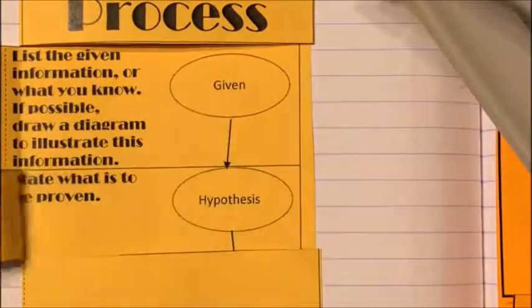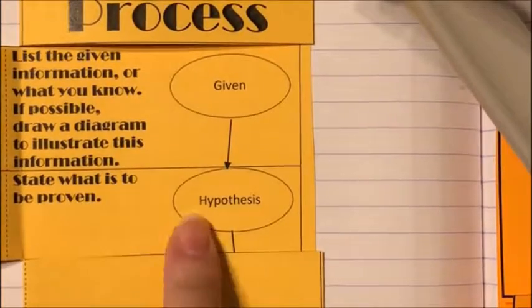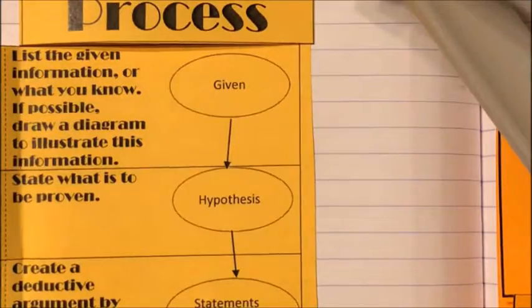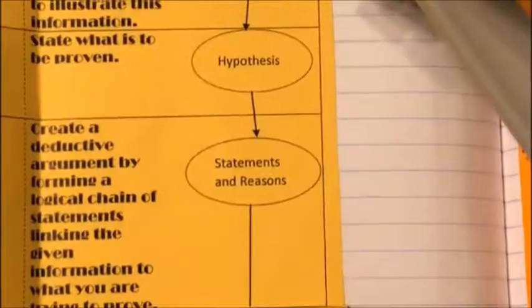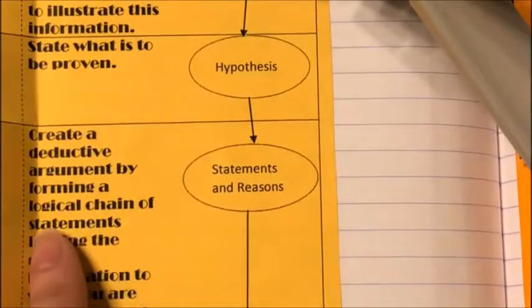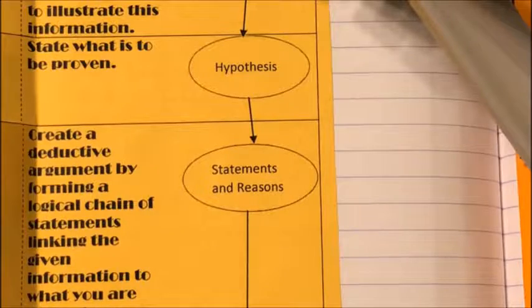So I take what's given, then I move on to step 2. Step 2 says state what is to be proven. So that's my hypothesis. Step 3, create a deductive argument by forming a logical chain of statements linking the given information to what you are trying to prove. So that's the statements and the reasons.